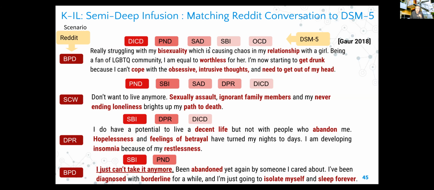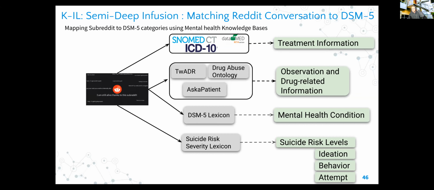What we are able to show is that in understanding that text, we had to resort to the use of multiple different knowledge sources. There is a suicide risk severity lexicon. There is a DSM-5 lexicon that I mentioned earlier. There is a drug abuse ontology that we have discussed. Mental health and addiction often go together. And then, of course, there's SNOMED CT, which has treatment information. So different kinds of information we want to extract require different kinds of knowledge.